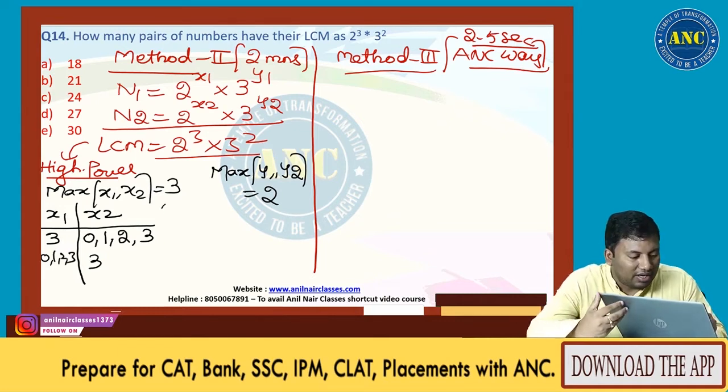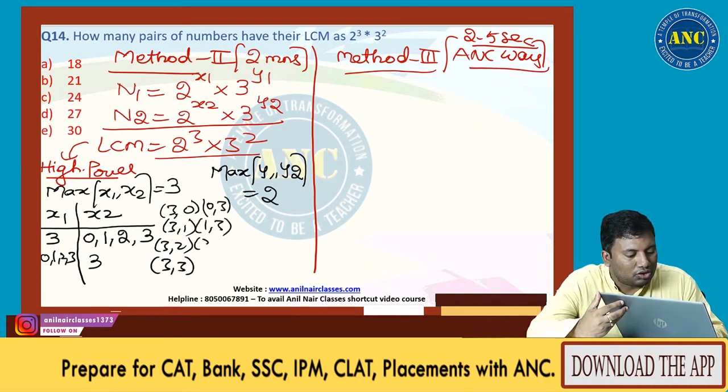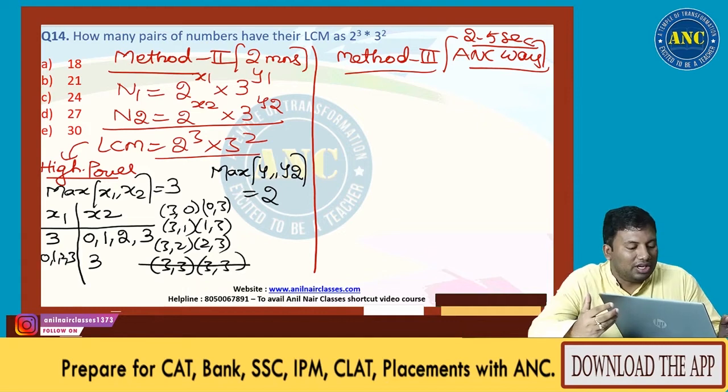What are the various values that I got? 3,0; 3,1; 3,2; 3,3. Next is 0,3; 1,3; 2,3; 3,3. 3,3 is duplicated. Total how many cases did I get? 1, 2, 3, 4, 5, 6, 7 cases we got.